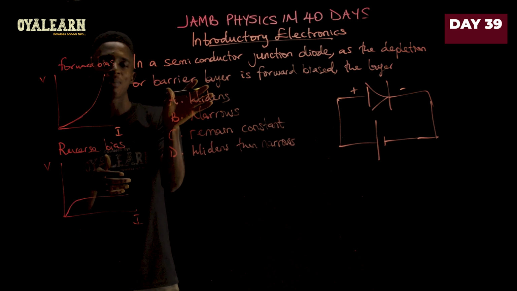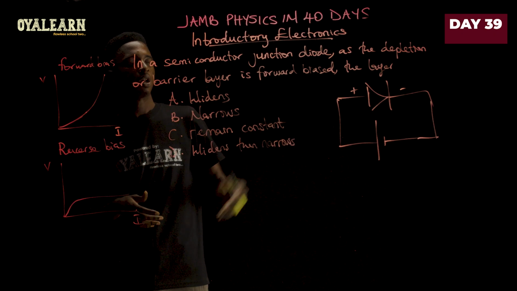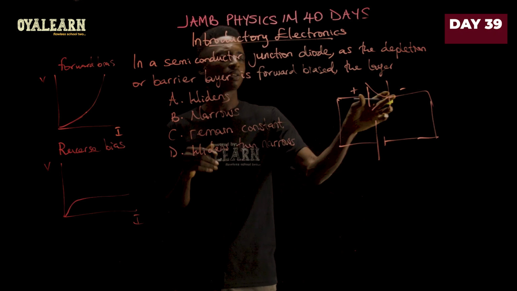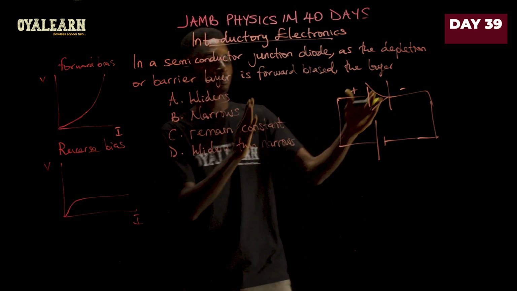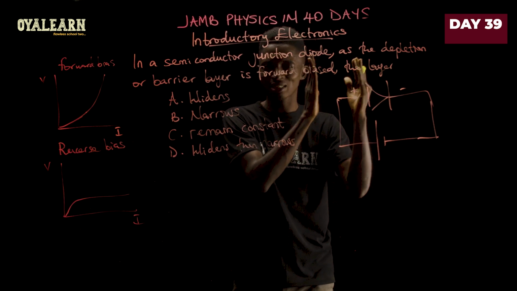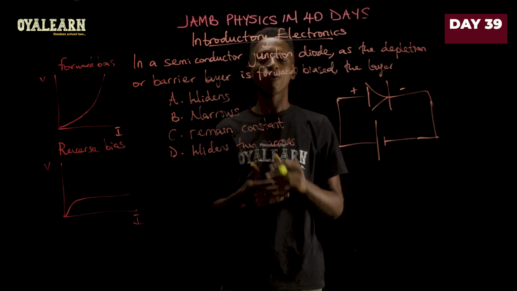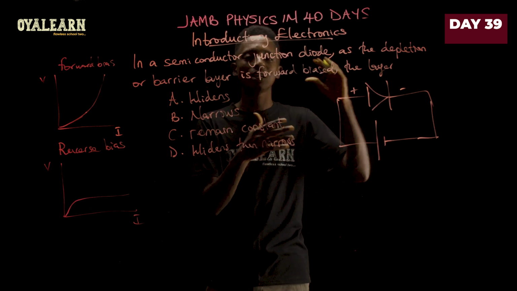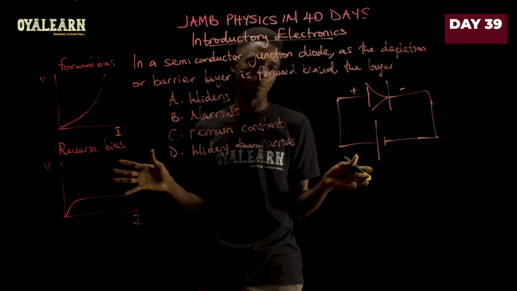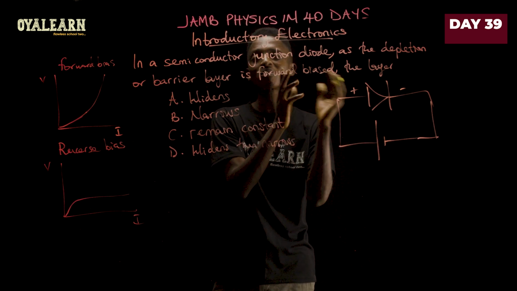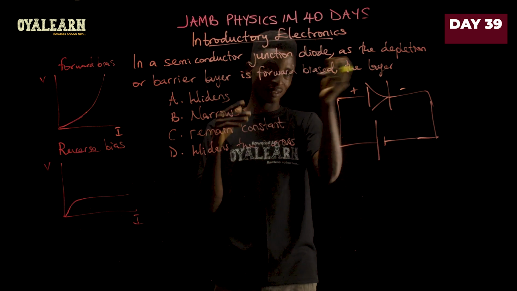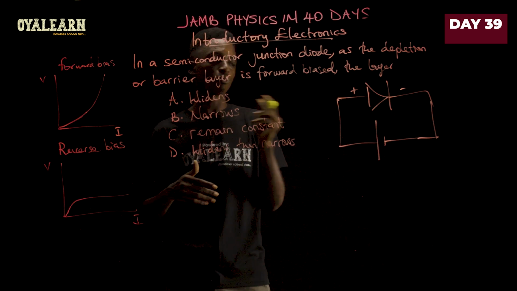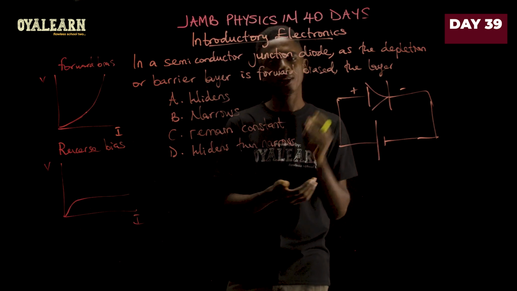The same thing happens in barrier layers for a PN junction diode. Okay, so in forward bias, to allow current to flow, the barrier layer, the depletion layer, becomes narrow, it's smaller, so it allows current to flow easily. So you can easily move from the valence band to the conduction band without problem. But by the time it becomes reverse biased, the same depletion barrier will be wide, making it difficult for current to move from one junction to the other.